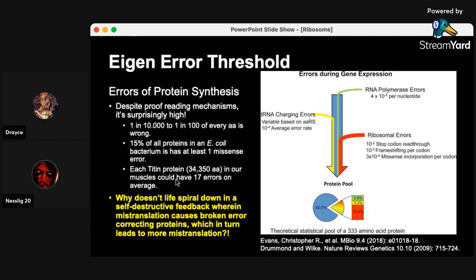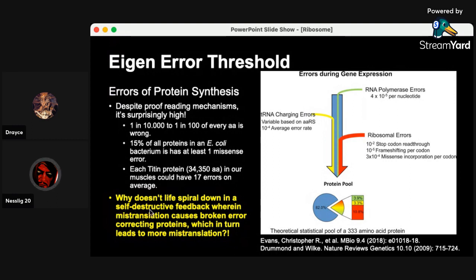And to name one protein in us, our muscles have a particular protein called titin, which is a pretty long protein with over 34,000 amino acids. Given the error rate, on average, this protein has 17 errors. Every single protein of this that we produce has this many errors.